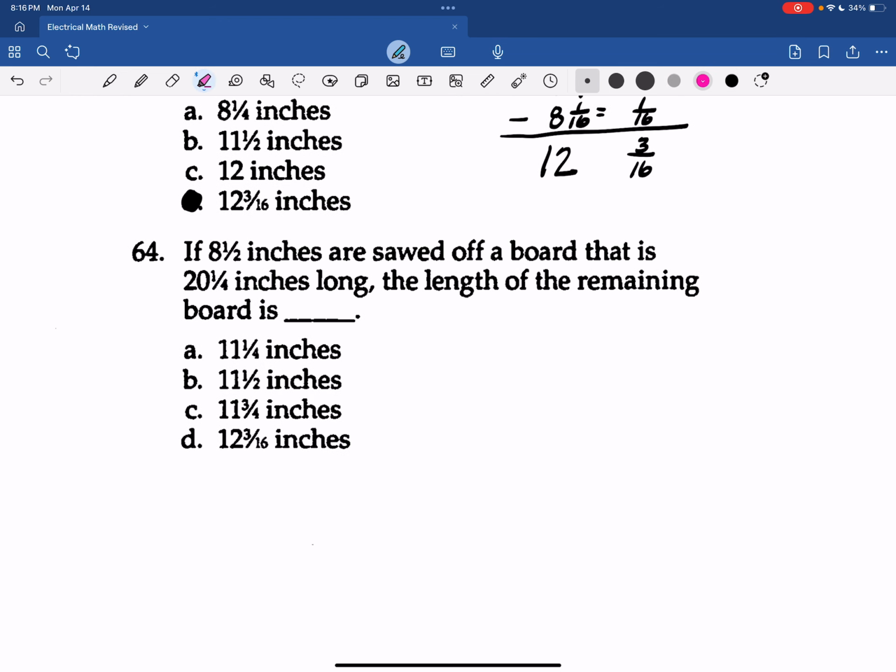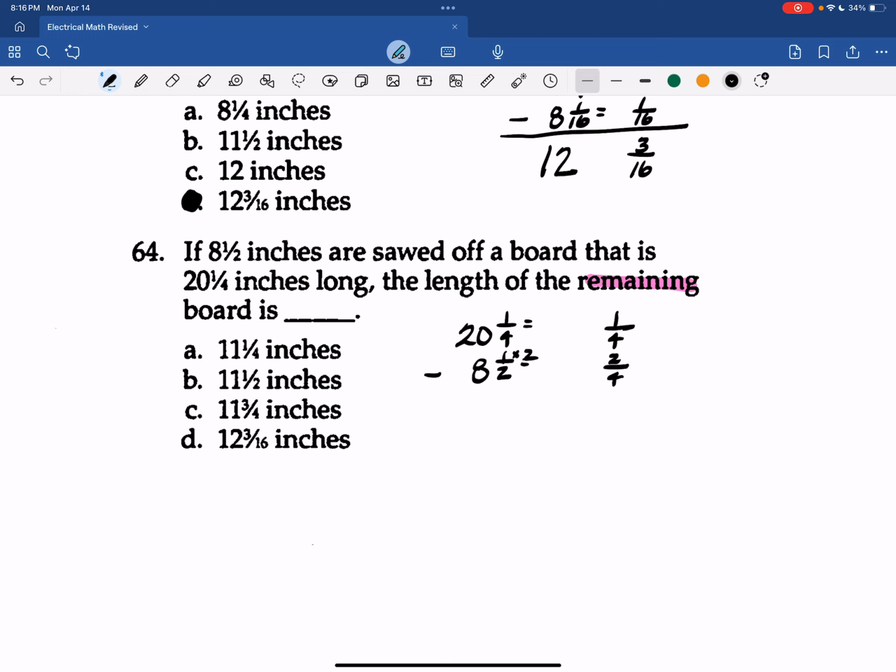If 8.5 inches are sawed off a board that is 20.25 inches long, the length of the remaining board is blank. 20.25 minus 8.5. 4 is my LCD, lowest common denominator, and that's going to be 2 and 1. So this one's a little bit more of a challenge.